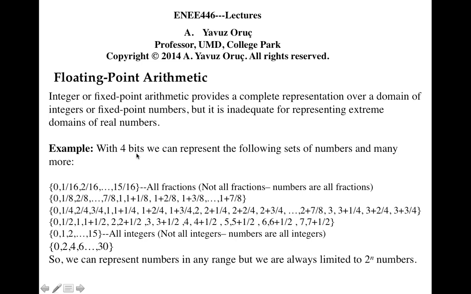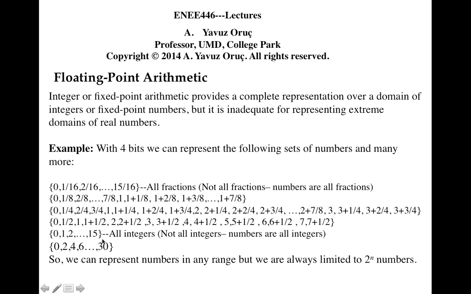If we move the radix point between the leftmost bit and the bit following it, then our numbers become 1 over 8 through 1 plus 7 over 8. If you keep moving the radix point towards the right, ultimately you get to a place where the binary point is placed to the right of the least significant bit, and then you get nothing but integers.